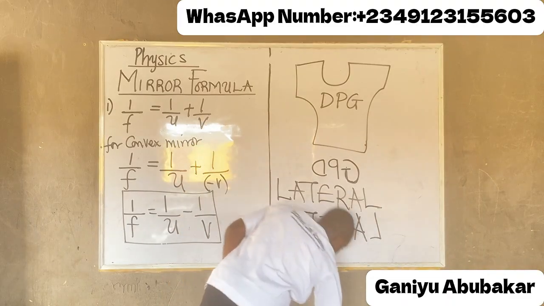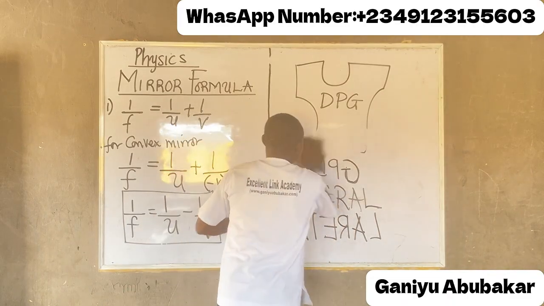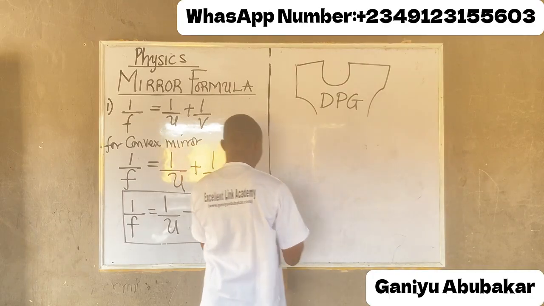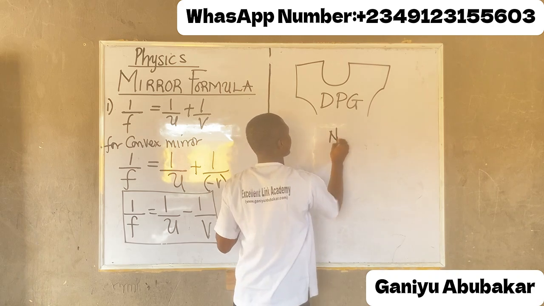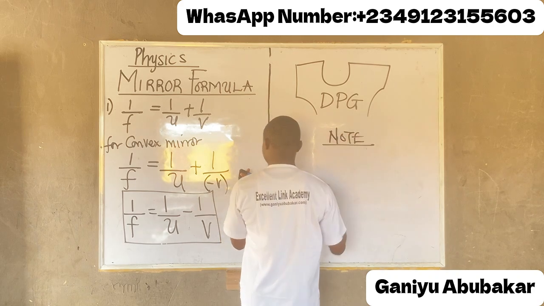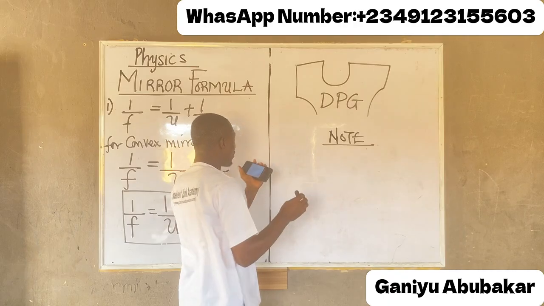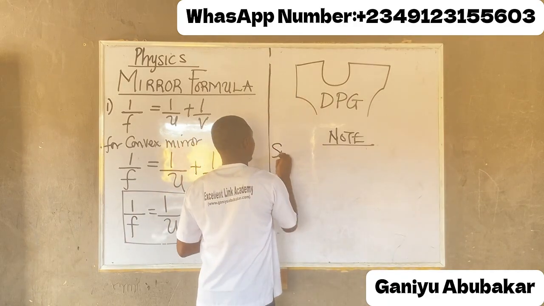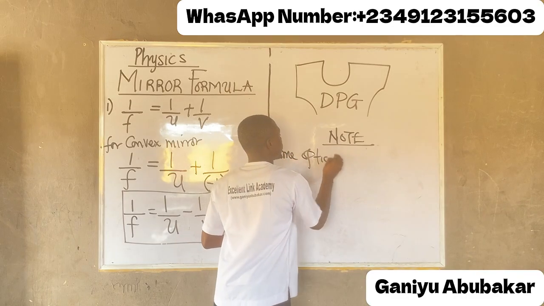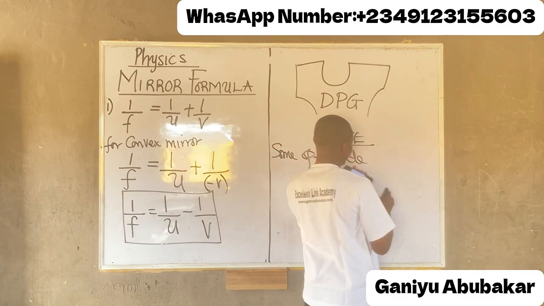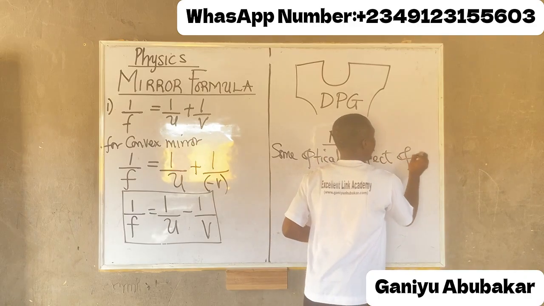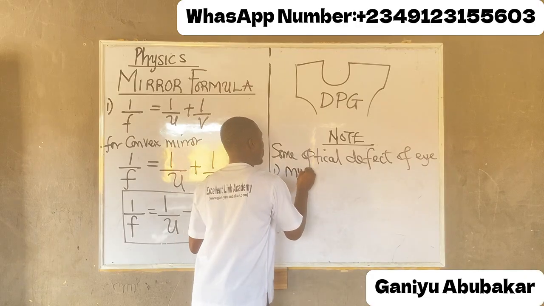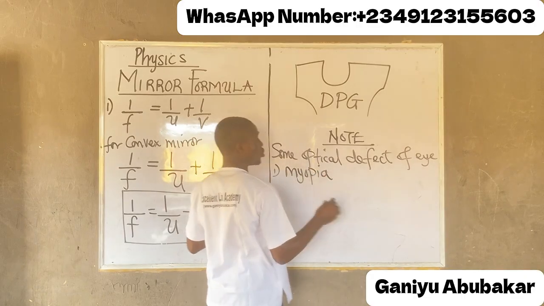Let me refresh your mind with something. I want you to leave your answer in the comment section of this video. So note this, please. Some optical defects of the eye include: number one, myopia, as we said earlier, for short-sightedness.